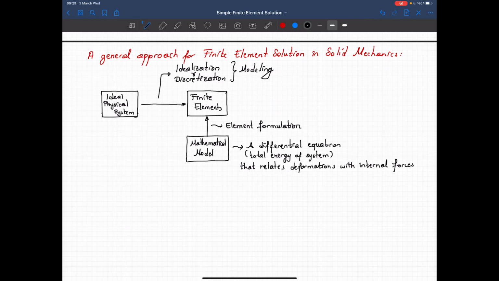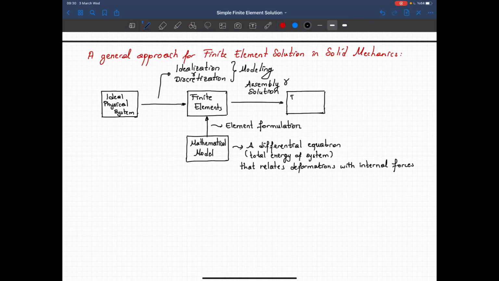Okay, depending on the element formulation, it shows how well your finite elements represent the behavior of the ideal physical system. And then what we do, we join, we assemble the elements, and we solve the equations that we want to solve for the whole system. But at the end of the day, we don't get the solution for the whole structure, right?